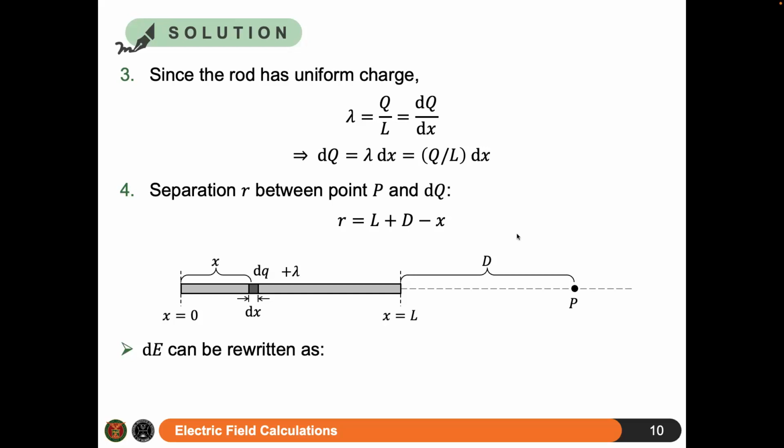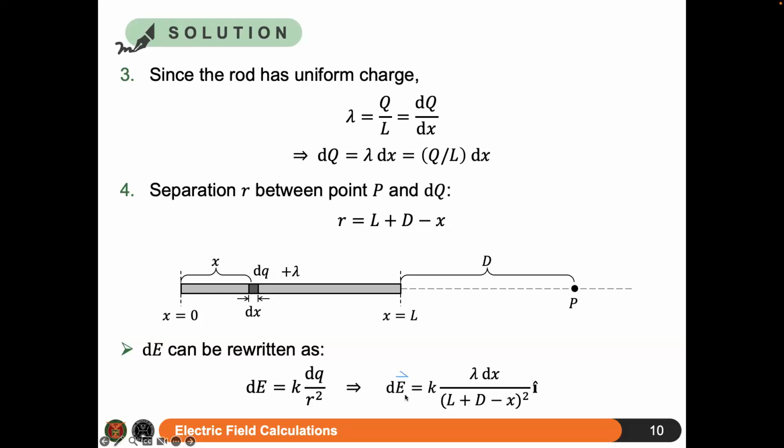So dE, our infinitesimal electric field, can be written as k dq over r squared, where dq is lambda dx, right? From here. Okay, dq is lambda dx. And r is just L plus d minus x. What is the direction? r hat becomes i hat. So this should be in vector form.